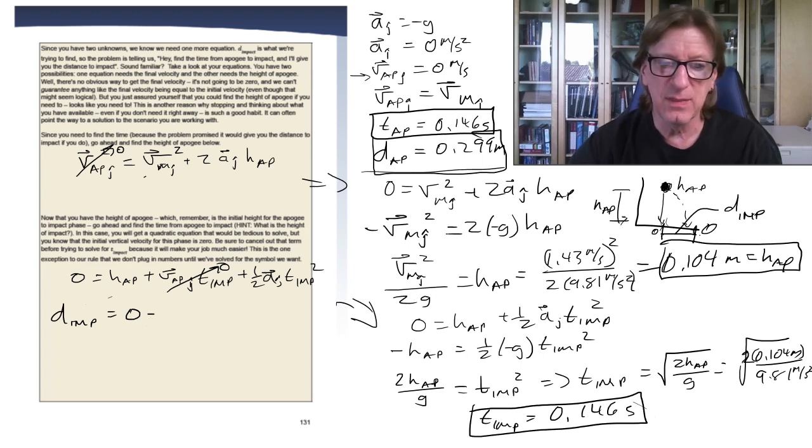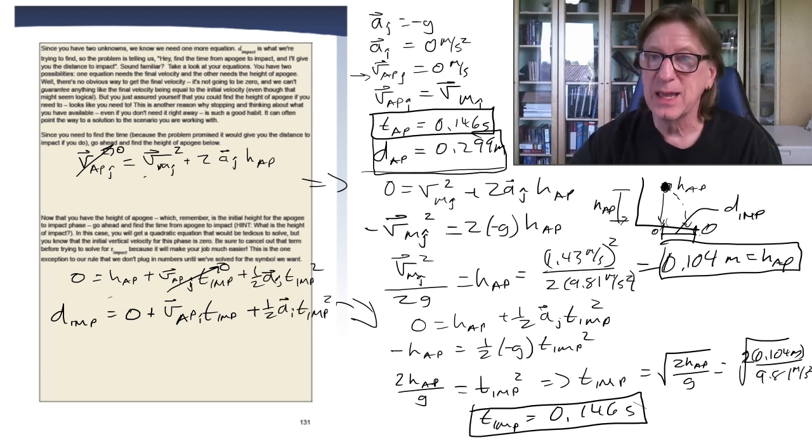And then that's going to be plus my initial velocity here, which is going to be v-ap j, I'm sorry, v-ap i, because we're in the horizontal direction, times t impact plus 1/2 a-i, whoops, let's make that a vector, shall we? Times t impact squared. But a-i, remember, is 0, so that term goes away.